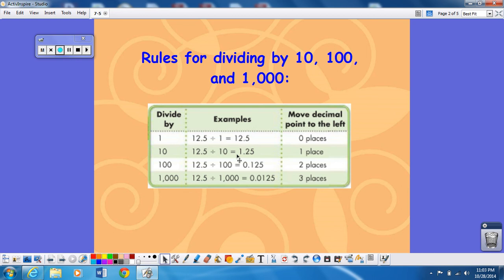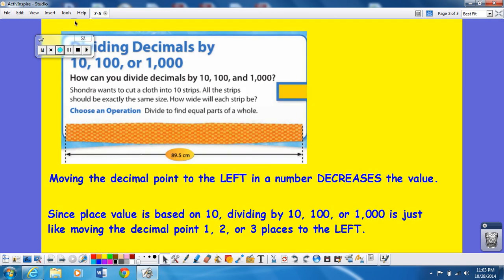If you're dividing a decimal by 100, because there are 2 zeros, you're going to go back 2 places from the original decimal point position. And likewise, by 1000, there are 3 zeros, so you're going to move your decimal point 3 places to the left. Okay?